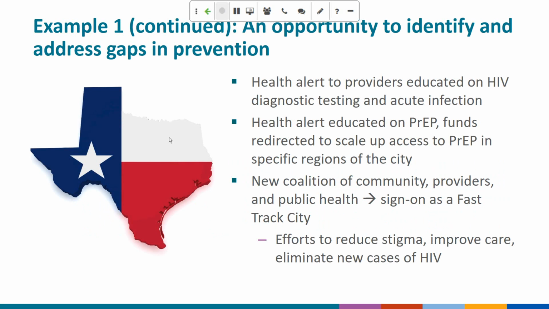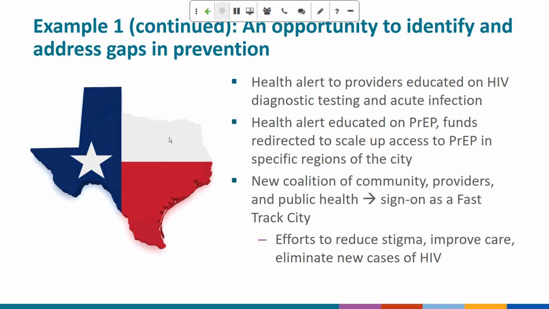So how did this help the health department? Well, additional information gathered by the health department revealed that HIV testing wasn't always conducted according to guidelines. And as a result, providers had missed some opportunities to diagnose people at the stage of acute infection, which resulted in delayed treatment. In response, the health department sent an alert to providers clarifying the guidelines for and importance of HIV diagnostic testing and diagnosing acute infection.